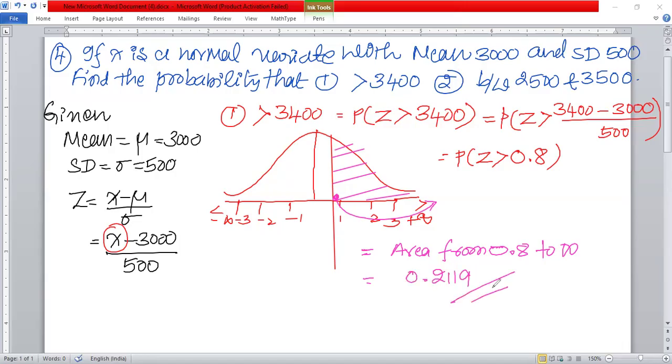Only when less than comes, you have to do 1 minus the table value. So the 0.8 table value is 0.2119.